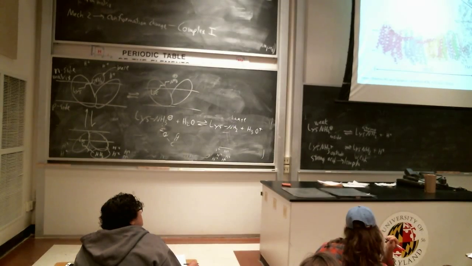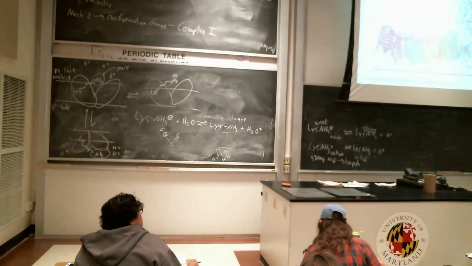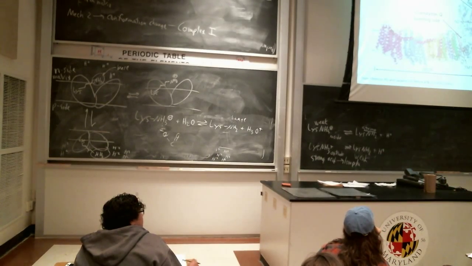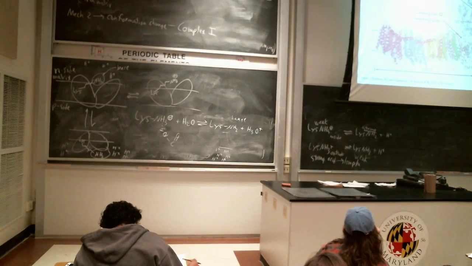You can see the iron sulfur clusters, the orange things. And down here is where coenzyme Q is bound. That's where it's reduced to QH2. That's the reaction that I described last time. Electrons go from one cluster to the next, and eventually they get to coenzyme Q.